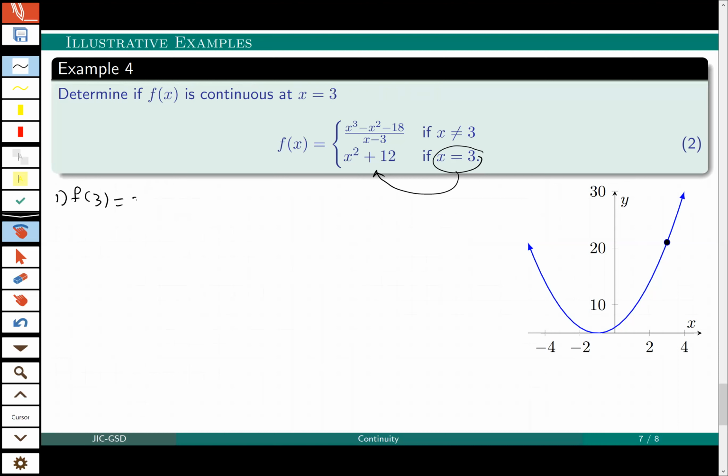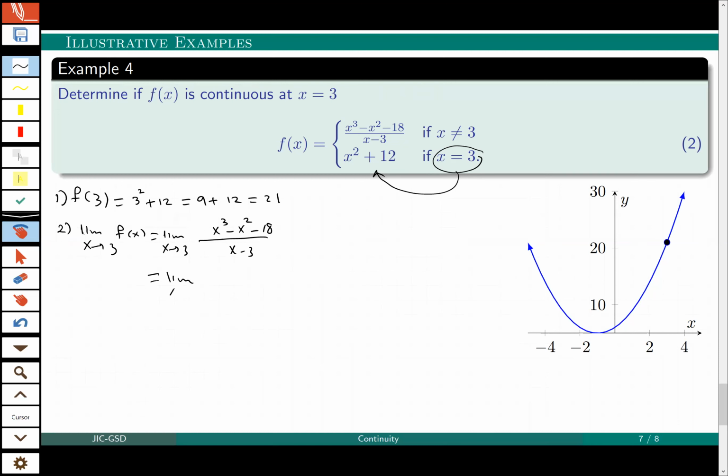We have 3 squared plus 12, and that is 9 plus 12, which is equal to 21. The second, limit when x goes to 3 for the function f of x, that's limit when x goes to 3, our function is x cubed minus x squared minus 18 divided by x minus 3.